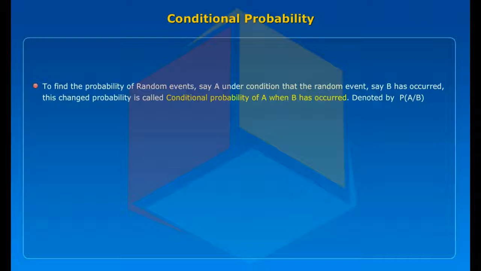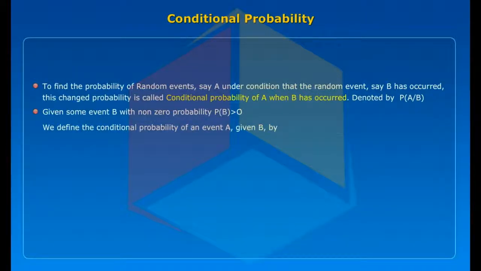To find the probability of a random event, say A, under the condition that the random event, say B, has occurred, this changed probability is called the conditional probability of A when B has occurred, denoted by P(A|B).